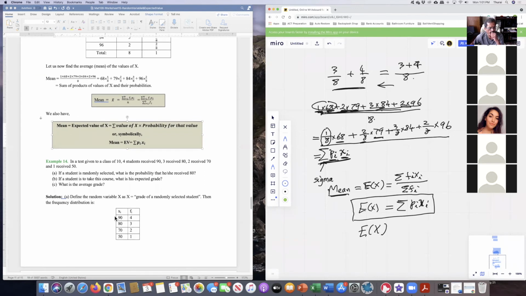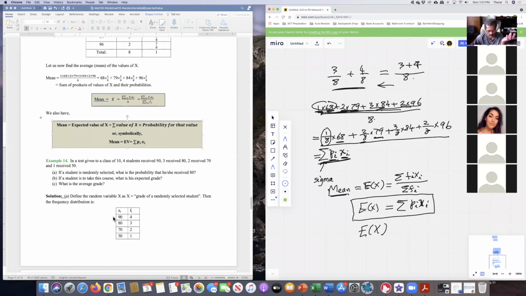So the given information can be organized this way. The value of the random variable represents the grade of the randomly selected student, clearly. So I'm listing those values. According to the problem, the grades are 90, 80, 70, and 50. So I have them in the first column. And there are 4 students with 90, 3 students with 80.